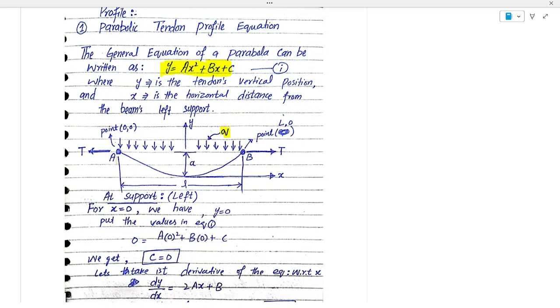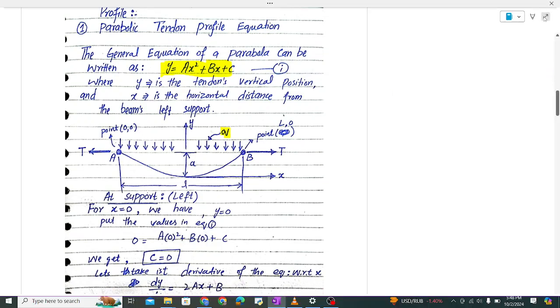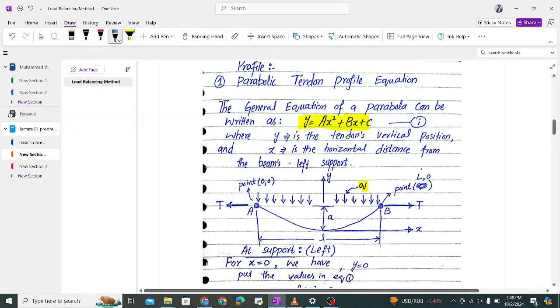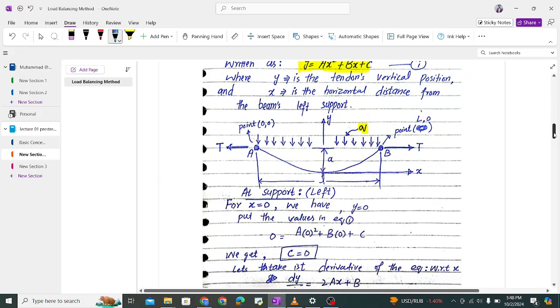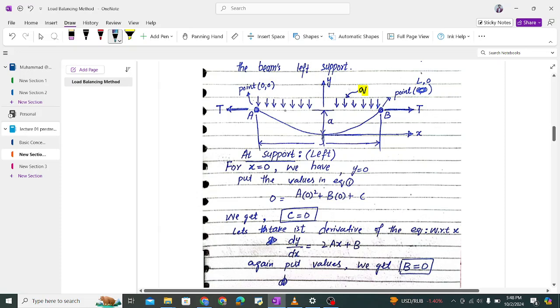This is the left support, and point B is the right support. The third point, point C, is at midspan. It is not mentioned in the notes, but this is the point where x is equal to L by 2 and y is equal to a.